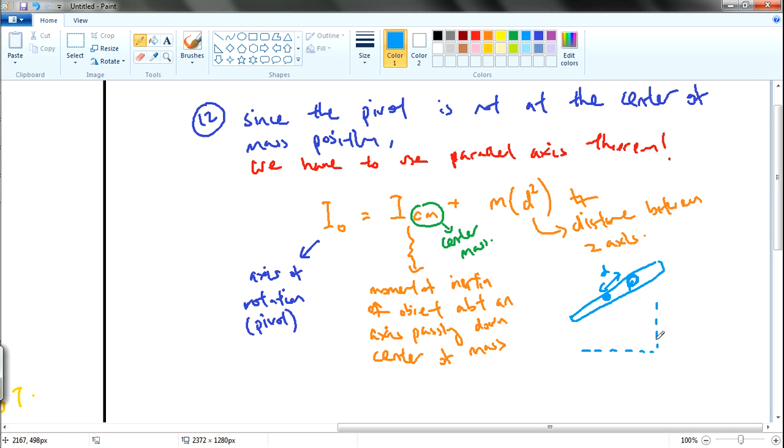This is one axis, this is the second axis, two parallel axes. Then this is the distance, d.